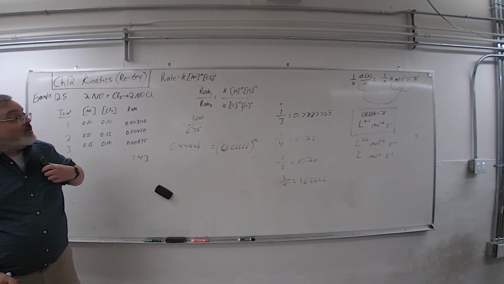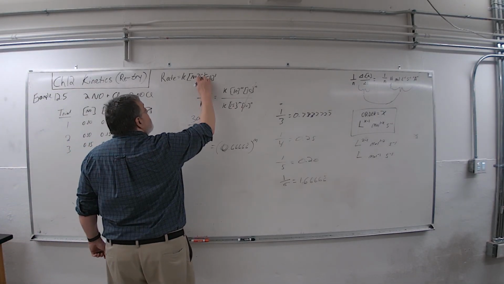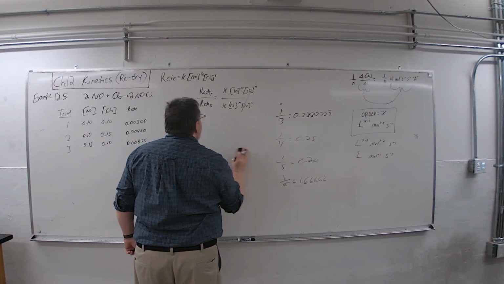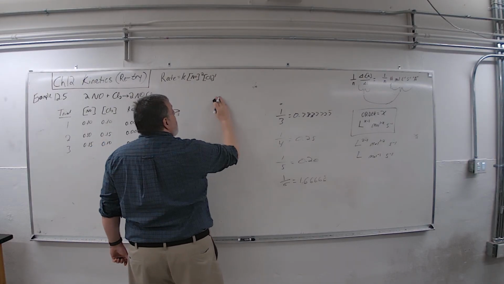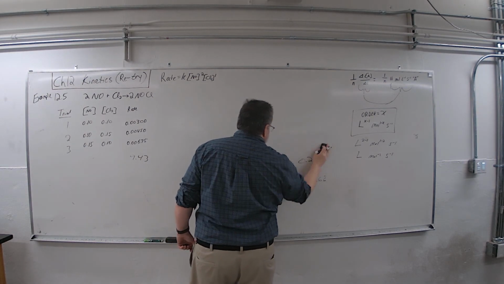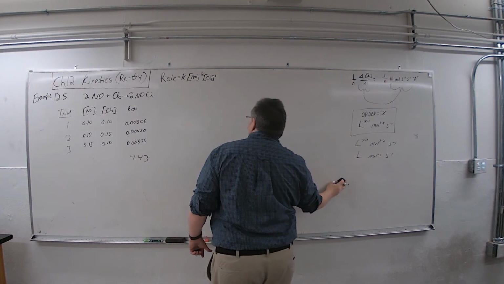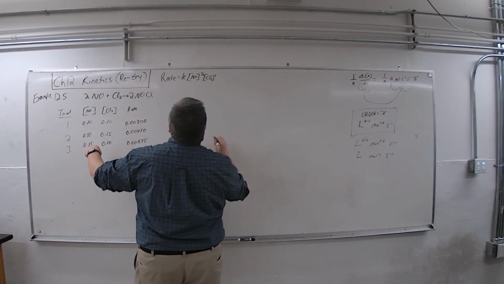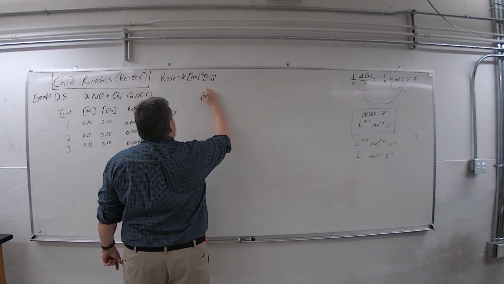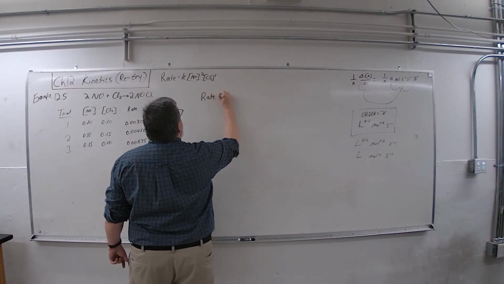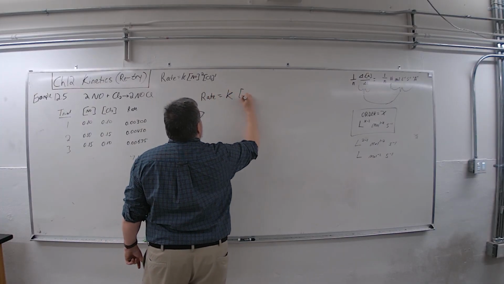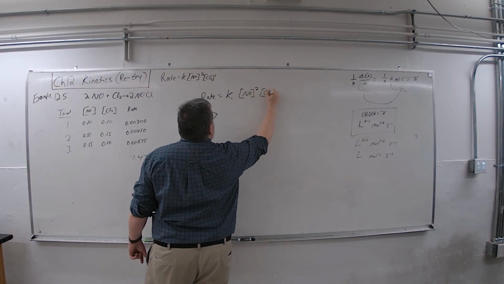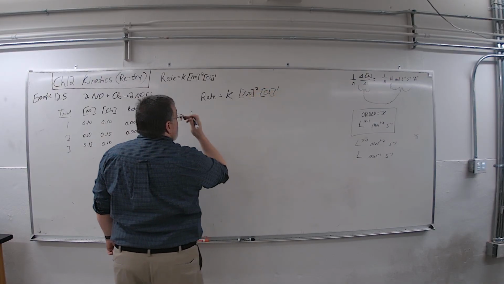The last question, what's the overall order? 3. Yep. And they're solving for k. And we just pick one of these lines to use. Great.